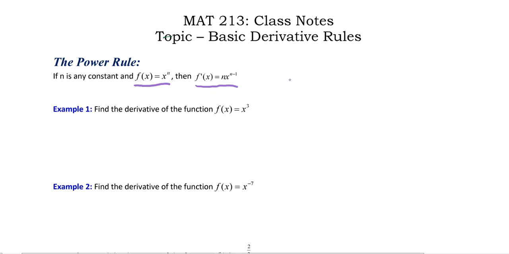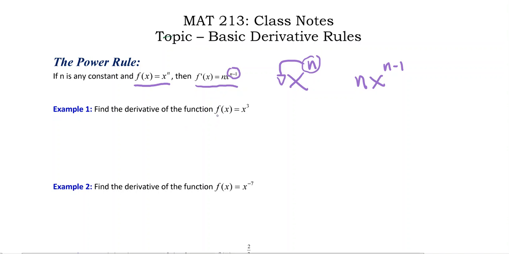So what this means is we're starting off with an x to the n, and the derivative means we take the exponent and we bring it down and make it the coefficient of the variable. And then the n minus 1 means that we reduce the exponent by a power of 1. So let's do some examples.